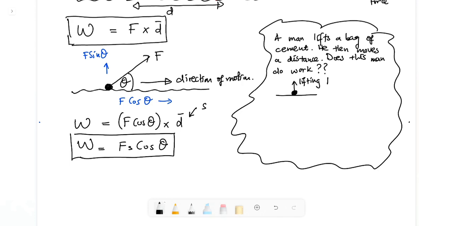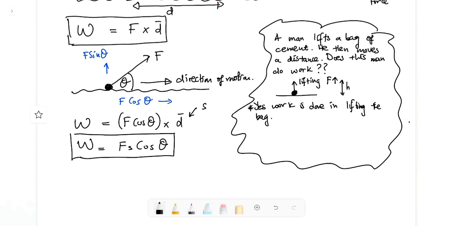The man is going to apply a force upward, and the bag is going to move a height of h, that is distance. So what it means is that this man, yes, he does work. Yes, work is done in lifting the bag.